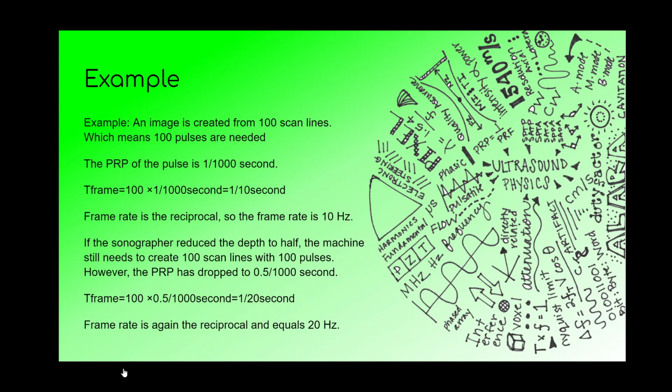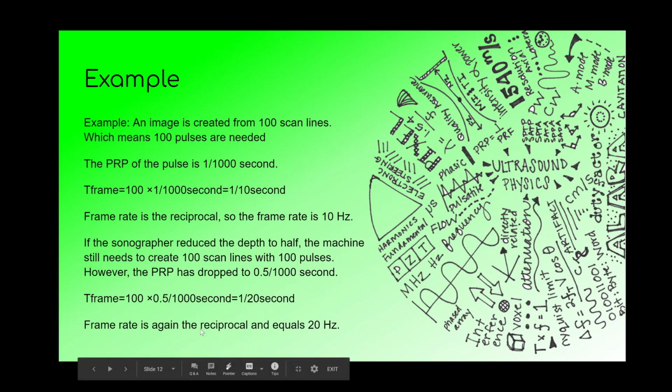So when we decrease our depth, we decrease our T-frame, which increases our frame rate. And higher frame rate numbers are better. So we always want to set our depth to the appropriate depth to see the moving structures.